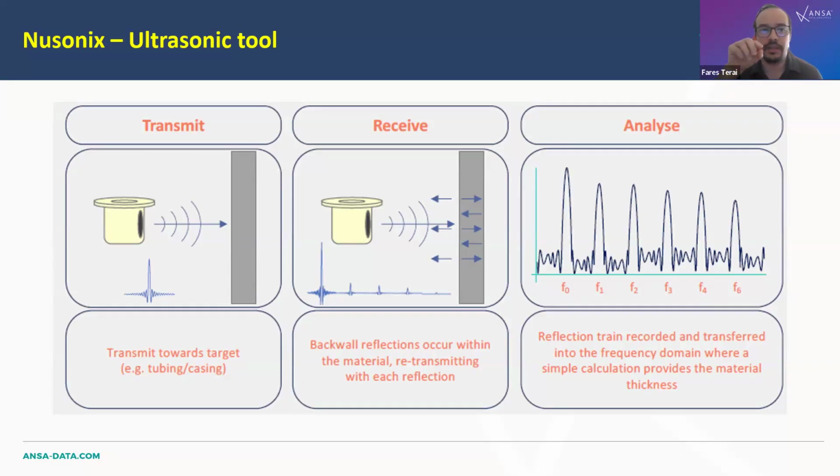And within that wall, it will bounce back a few times, losing energy each time it collides with the back and front wall. So all of these reflections will be recorded, as we can see here in the right-hand side image.